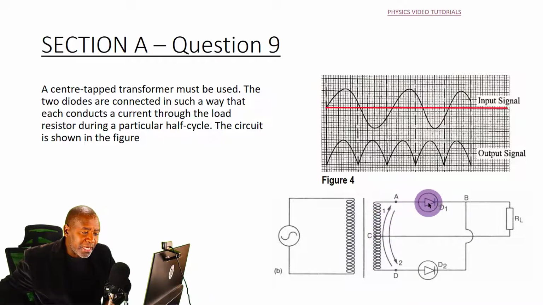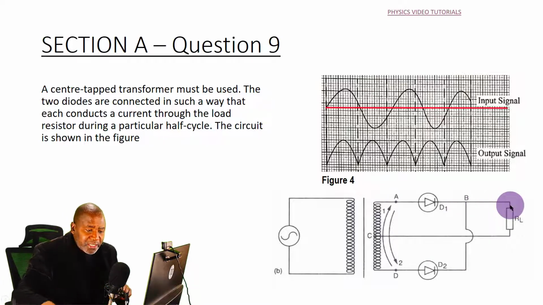You'll find that diode D1 is forward biased. It will conduct, but D2 is reversed biased. So this current, when it reaches this point, there is no way it can flow through this route because D2 is reversed biased. So it will take this route and flow through the resistor this way.